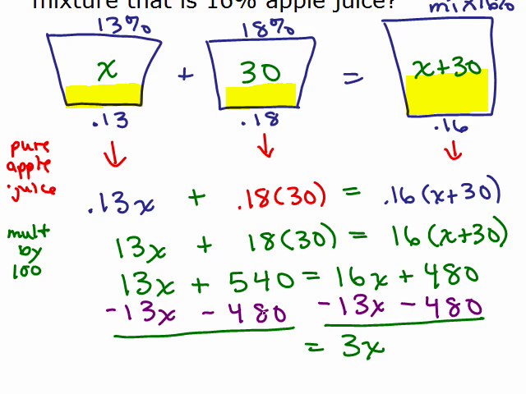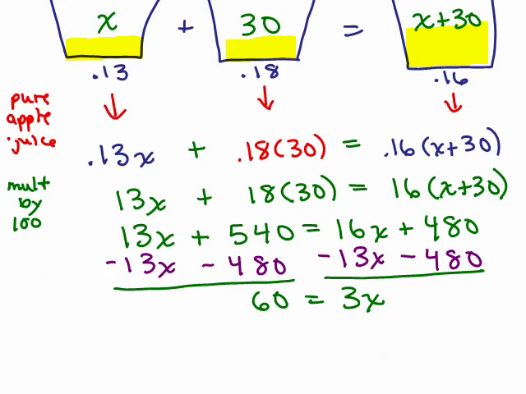All right, so 540 minus 480, I think that's 60. And now we can divide by 3 and get x equals 20.